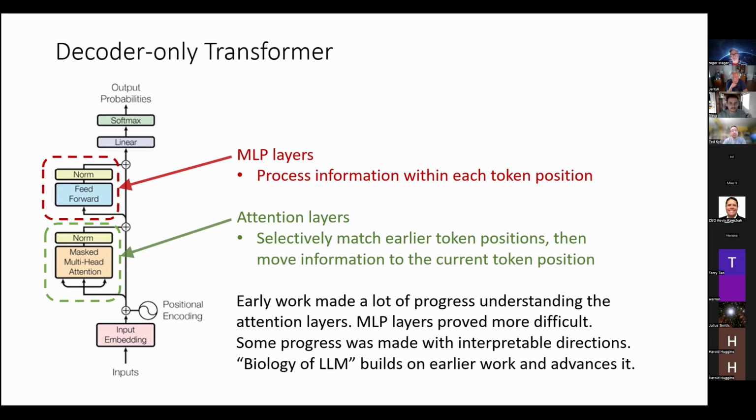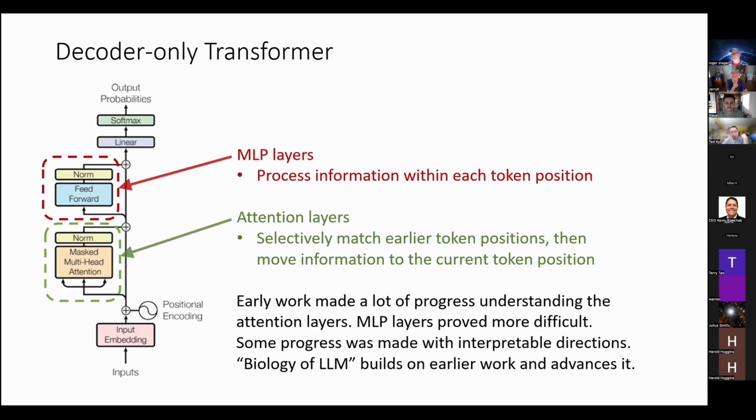The attention layers have special patterns that they learn when you train the model, and they will selectively match certain patterns. An example I give, which may or may not actually be realistic, is if you have a pronoun like she, then there may be an attention head in a relatively early layer that looks for the noun that she is referring to.